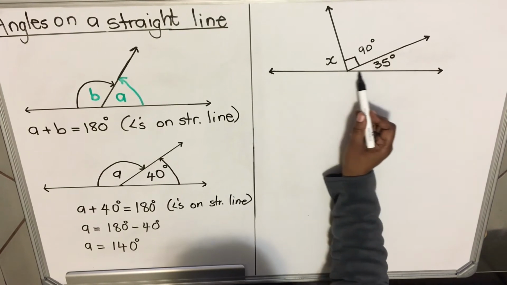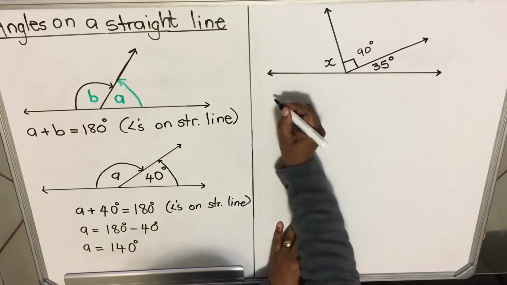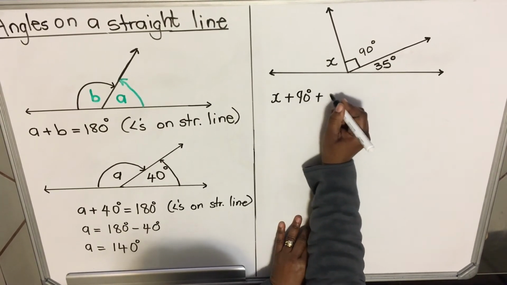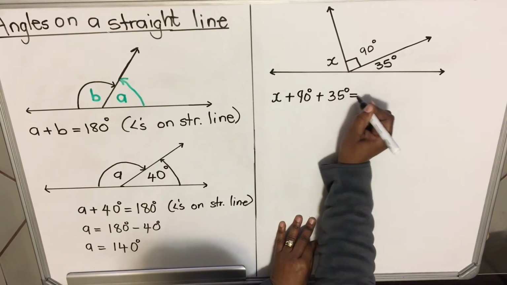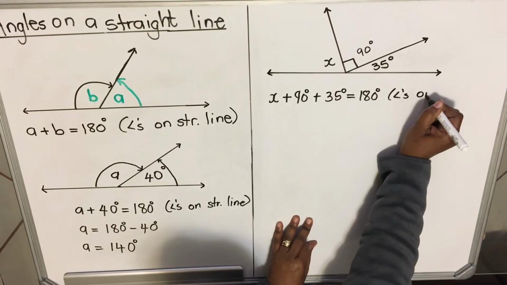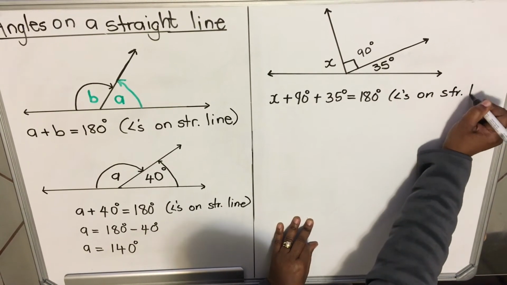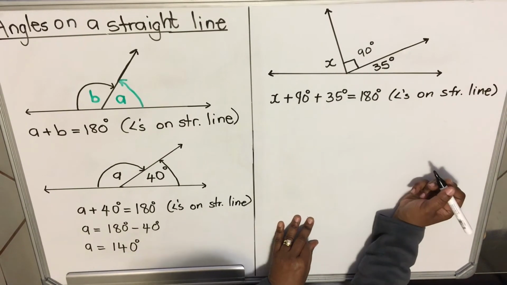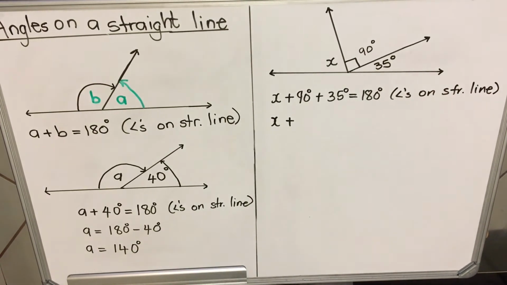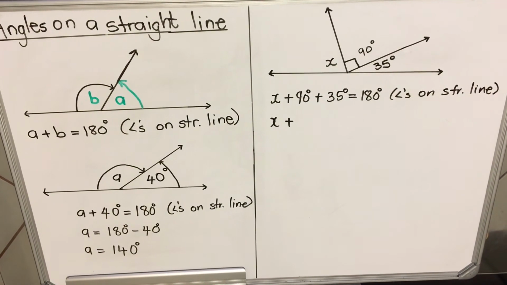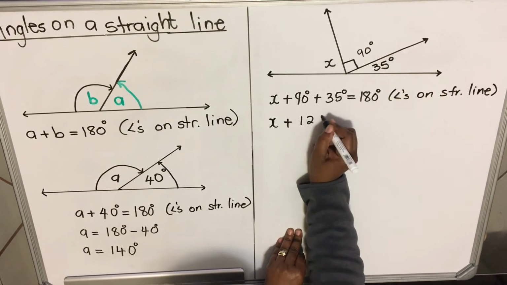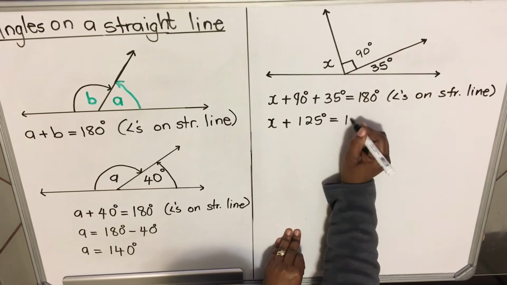These three angles are on a straight line, so we're going to add them. X plus 90 degrees plus 35 degrees equals 180, because they are angles on a straight line. Then, because these two are like terms, 90 and 35, we can add them. 90 plus 35 is 125 degrees, equals 180.